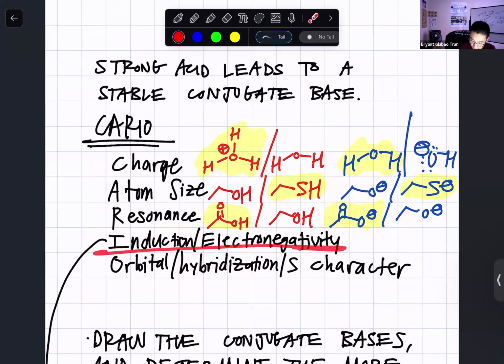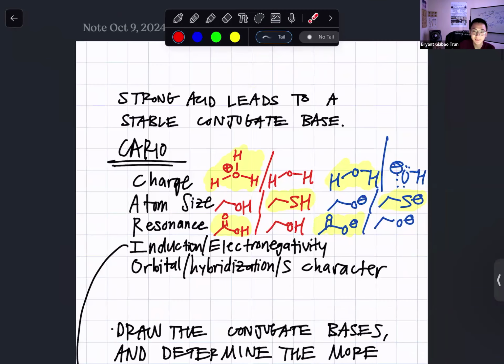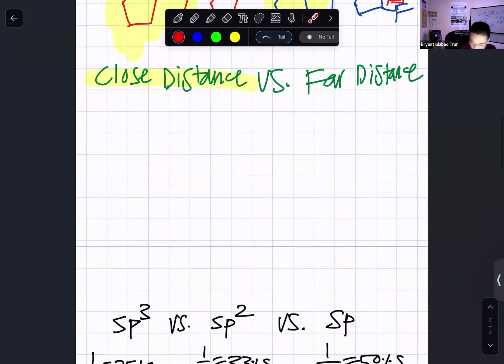Most likely induction and electronegativity for carboxylic acids. It's the same if you're determining which one's the stronger base: you look at the conjugate acid instead and see which one's the more stable conjugate acid, which would come from the stronger base. It's just reversed. Okay.